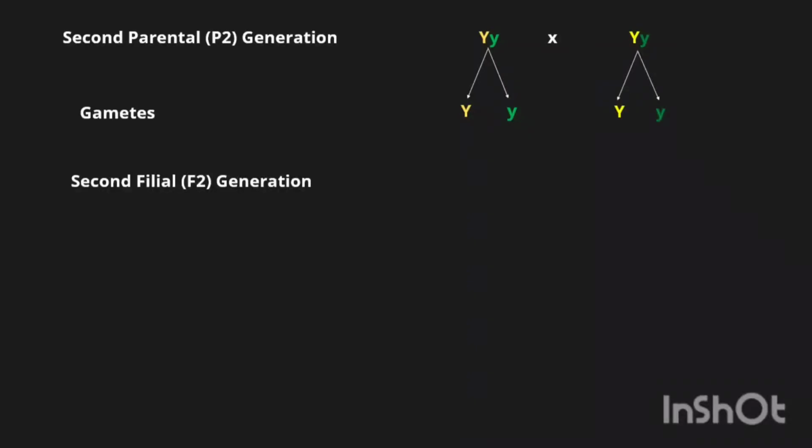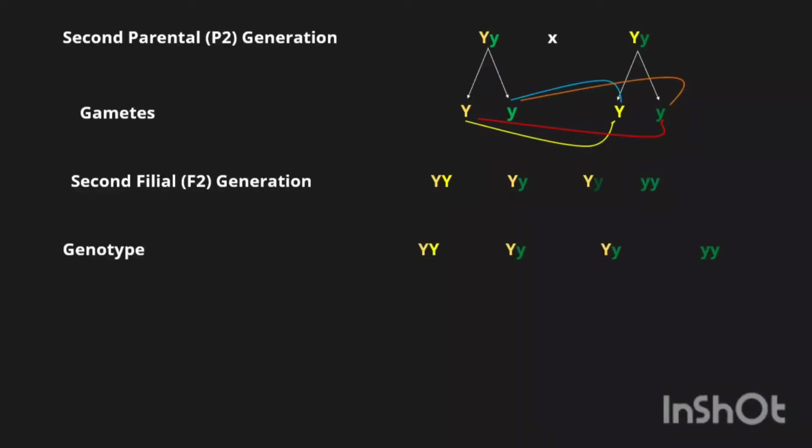For our second filial generation, we have homozygous dominant, heterozygous, another heterozygous, and the homozygous recessive. For our genotypes, we have the following. So we have 1, 2, 3, and 4.